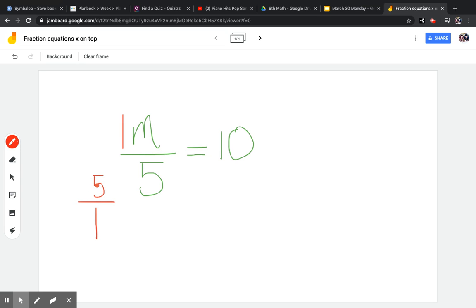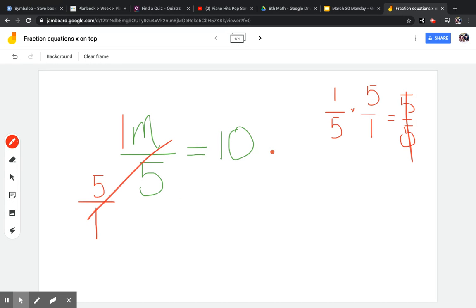That 5 over 1, if I multiply 1/5 times 5 over 1, it's going to cancel itself out. I should get 5 over 5, which is just 1 whole. Okay, so that cancels itself out.